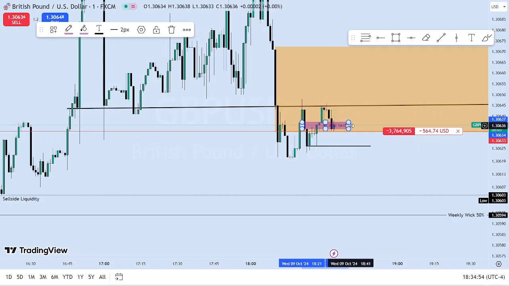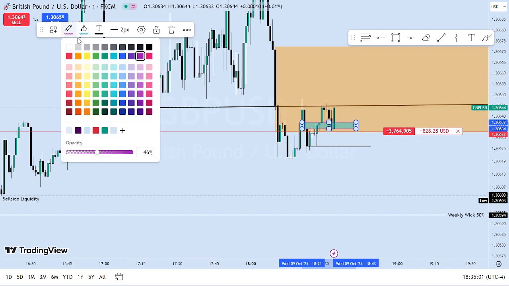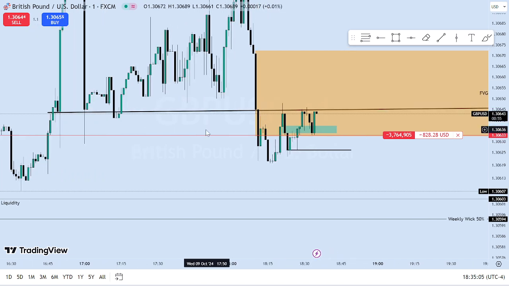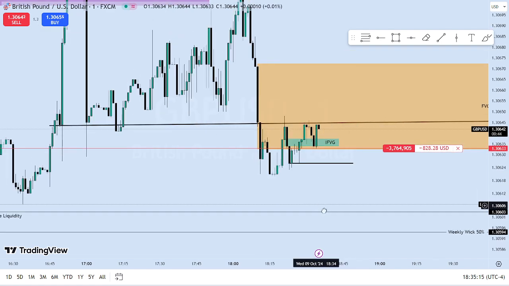We have a little fair value gap. So let's see price reaction only. Yeah, standing as inversion fair value gap. So inversion, we have violated it. So now inversion.